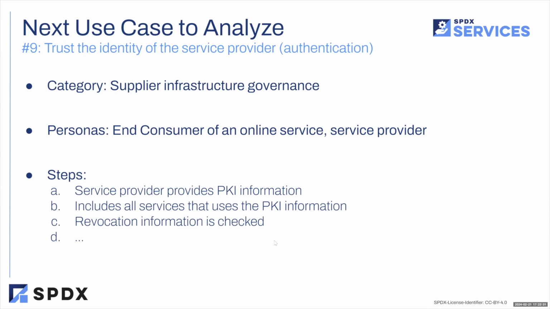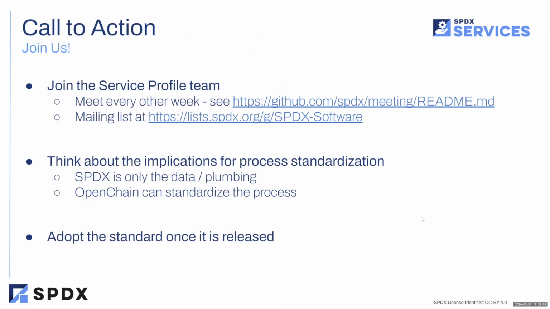We haven't detailed out the steps, but you can imagine it involves a lot of querying of public key infrastructure information, and basically making sure that there's no issues with the technical identity information that's being used in the service. So that's just a quick overview.